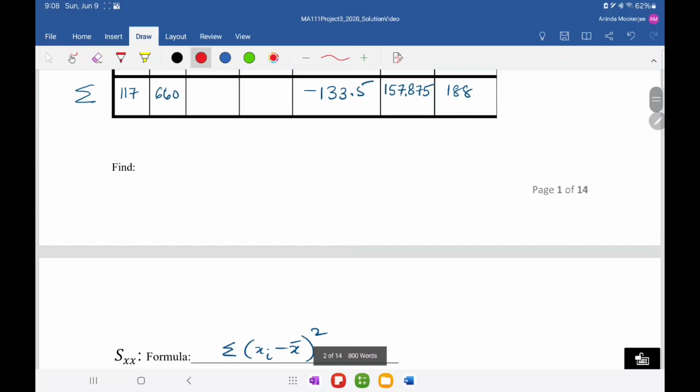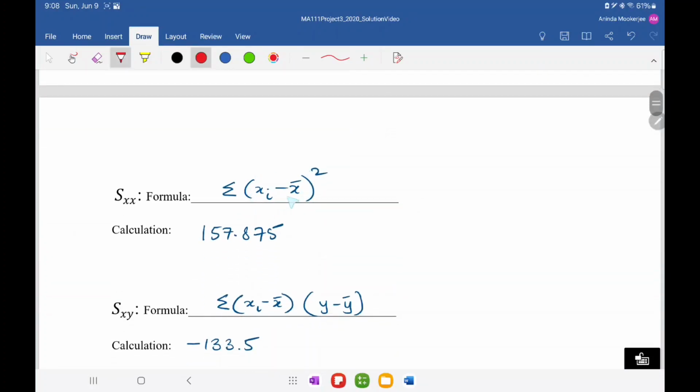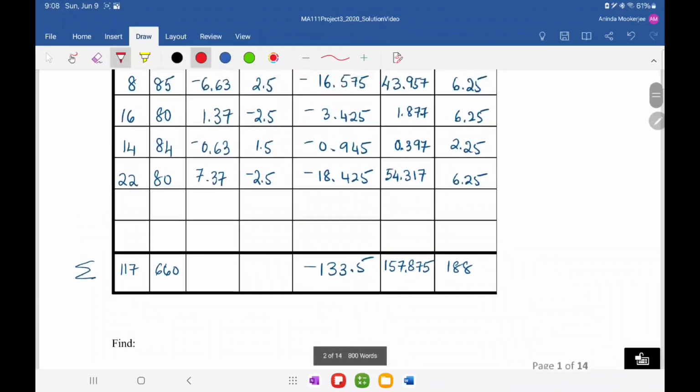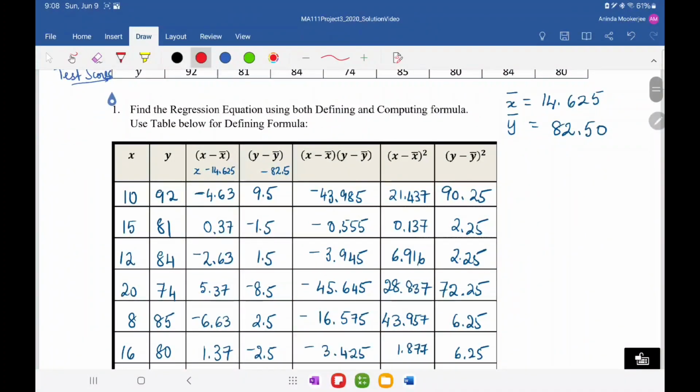All right, so to come up with S sub xx and all that, we have to perform this part of the calculation through a table. So what I have here is, in the table the columns are x, y, and then the next column is x minus x bar, y minus y bar.